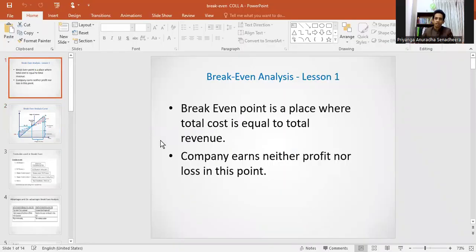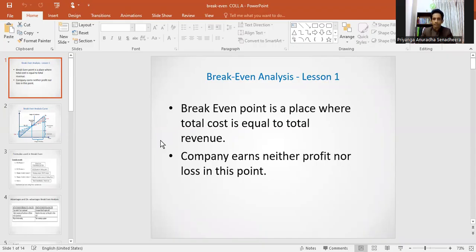Okay. First of all, we will talk about break-even analysis and the break-even point. The break-even point is a place where the total cost is equal to total revenue. The company earns neither profit nor loss at this point.